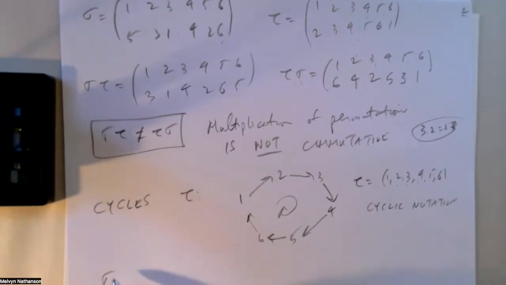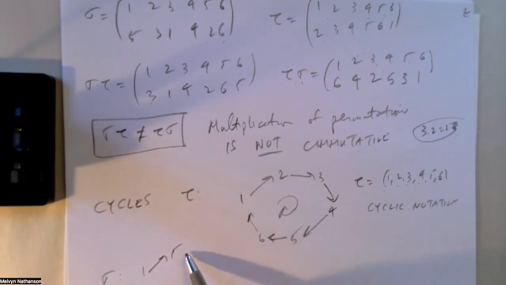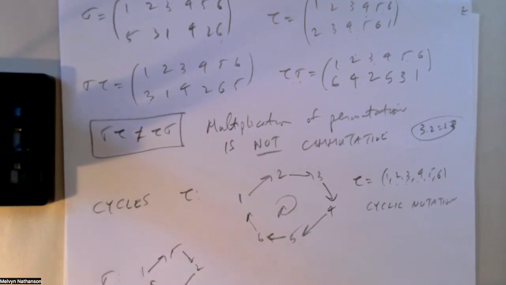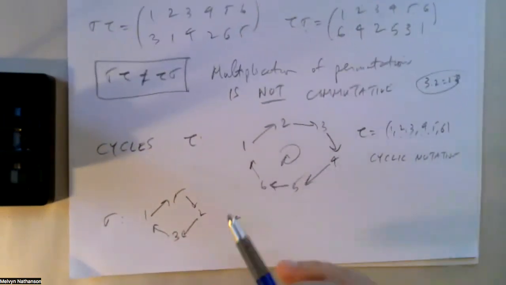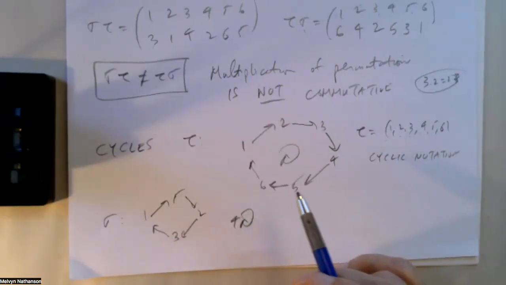Let's look at sigma. In sigma, 1 goes to 5, 5 goes to 2, 2 goes to 3, and 3 goes back to 1. So 4 and 6 don't occur in this cycle. If you look at 4, sigma sends 4 to 4.